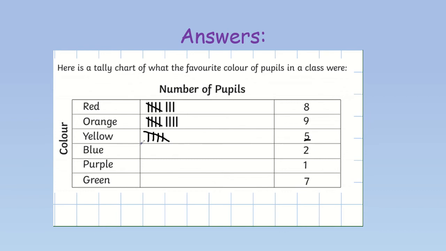Blue, there are only 2. 1, 2. Purple, there is 1. And green, we have 7. 1, 2, 3, 4, 5, 6, 7. Excellent. I'm sure you got this right.